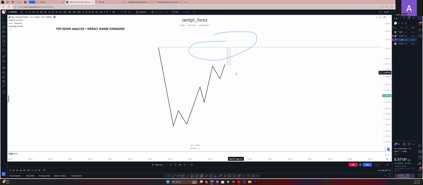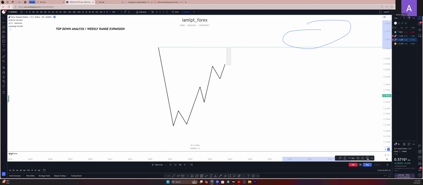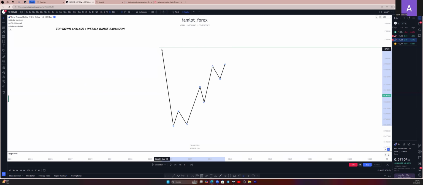Get me? So now, I like to trade when market is approaching an obvious draw on liquidity, right? So if this is a liquidity, this is an obvious level of liquidity, then I would always want to trade when market is almost close to it.